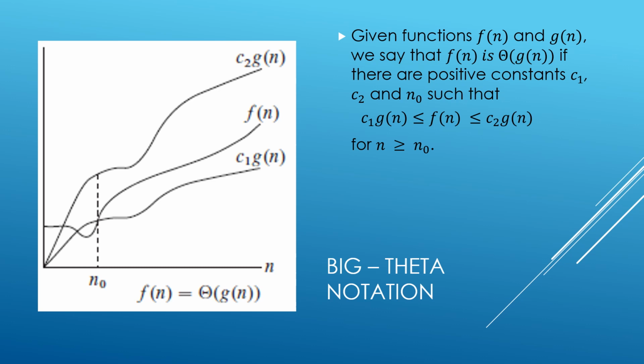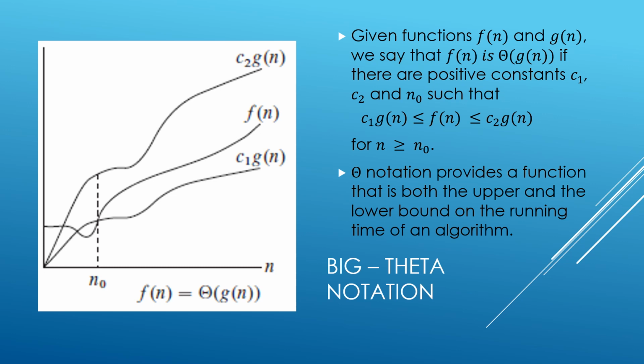If you look at the picture, you can see that beyond n0, as we move towards positive infinity, the value of f(n) is always between the corresponding values of c1 g(n) and c2 g(n). g(n) is a function which is growing nearly equally to our function f(n). Theta notation provides a function that is both the upper and the lower bound on the running time of an algorithm.